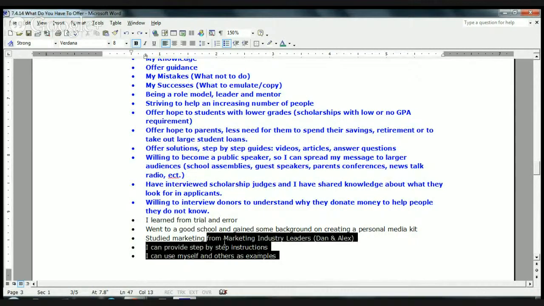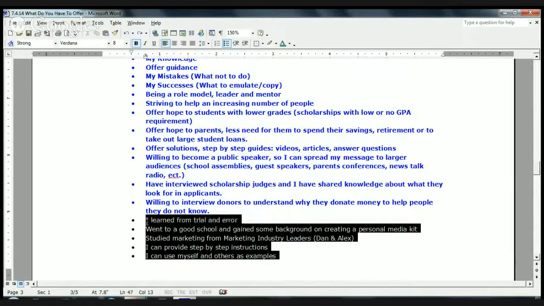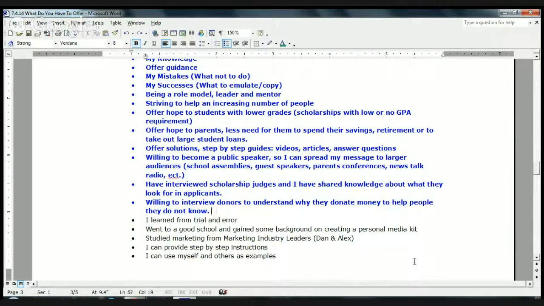So this black font right here, this is what I originally came up with, and then after taking some time, all this blue is what I came up with, and you can see there's a very large difference. I'm kind of embarrassed to read what I wrote in black, but I just want to skip on to the next process.